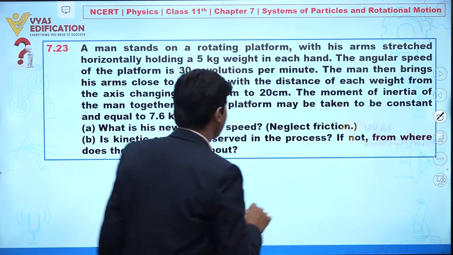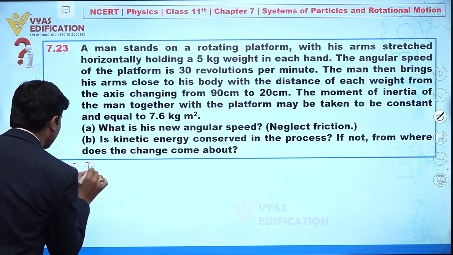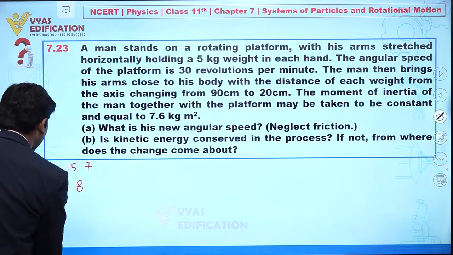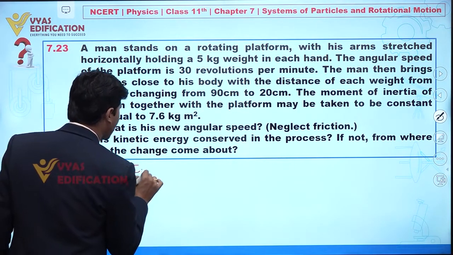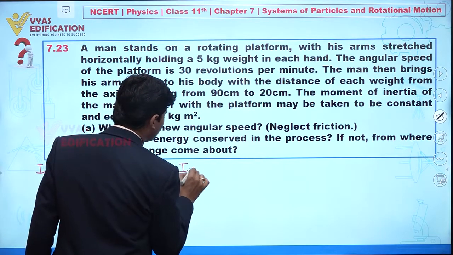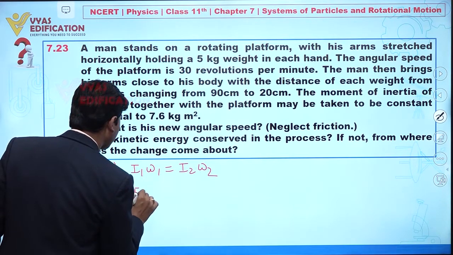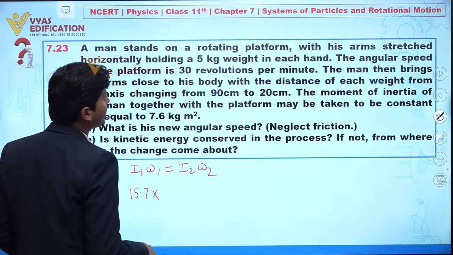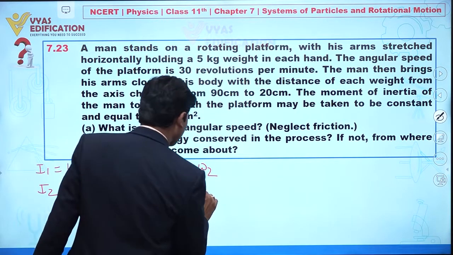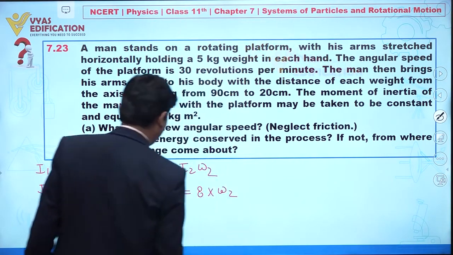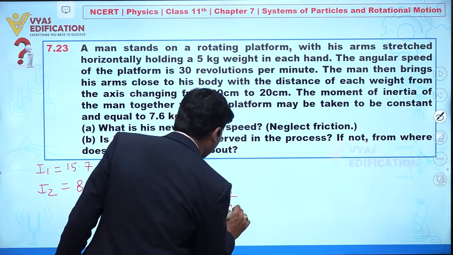So I1 is 15.7 and I2 is 8. For part A, I1 omega 1 equals I2 omega 2. So 15.7 into omega 1, which is 30 revolutions per minute, equals 8 multiplied by omega 2. So omega 2 is 15.7 into 30 by 8.